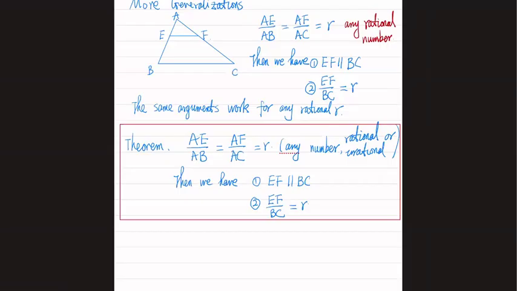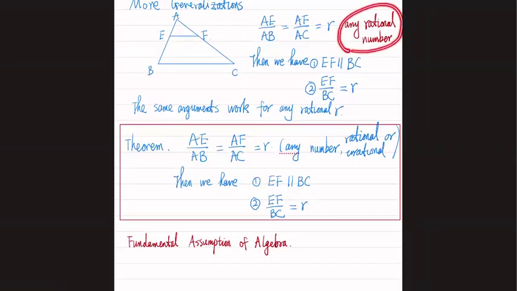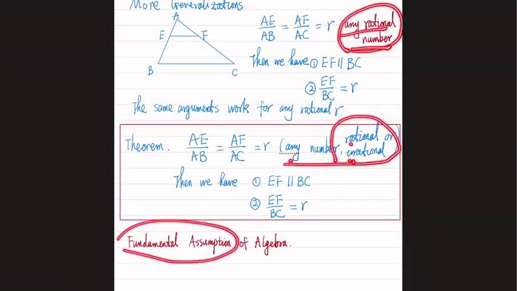So there's a fundamental assumption of algebra. Actually it's algebra or arithmetic. Let's try algebra. How do we move from conclusions of rational numbers to all numbers, rational or irrational? This is the fundamental assumption.